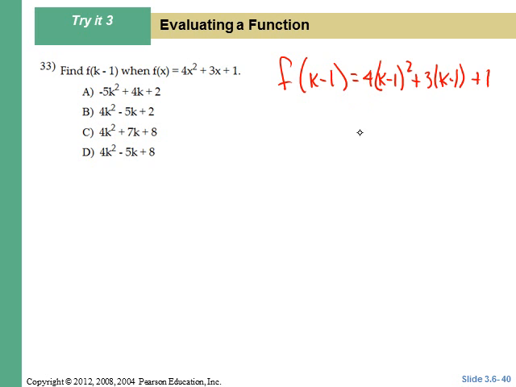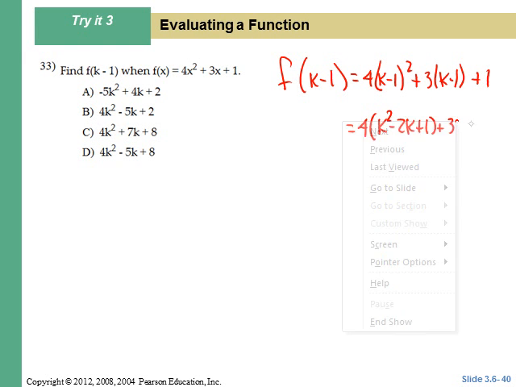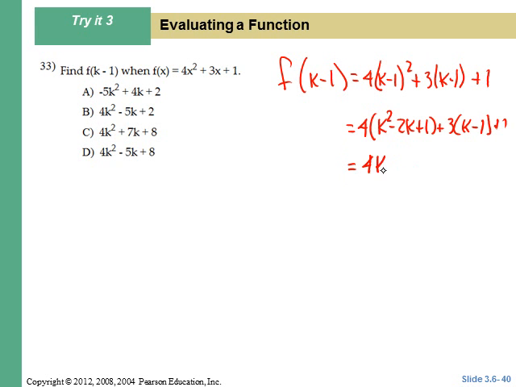K minus 1 squared is k squared minus 2k plus 1, plus 3 times k minus 1 plus 1. So this is 4k squared minus 8k plus 8 plus 3k minus 3 plus 1.